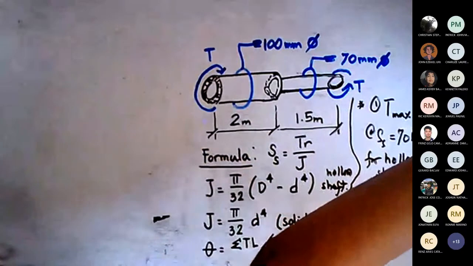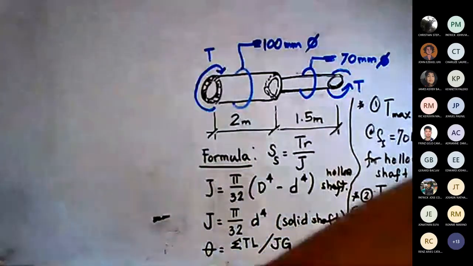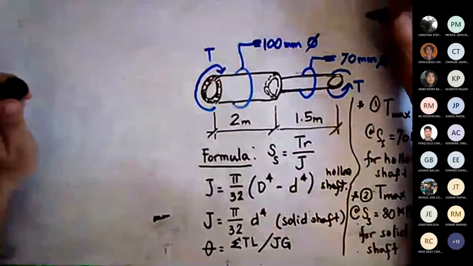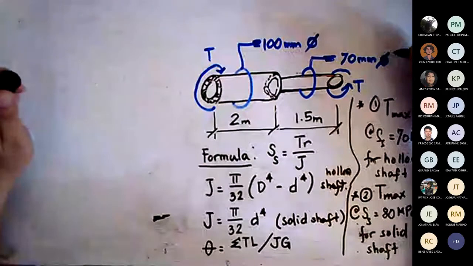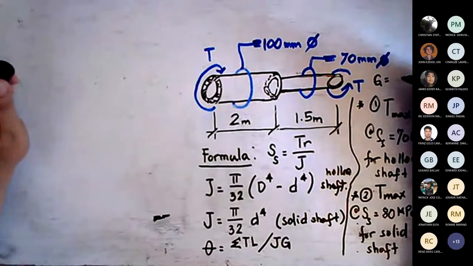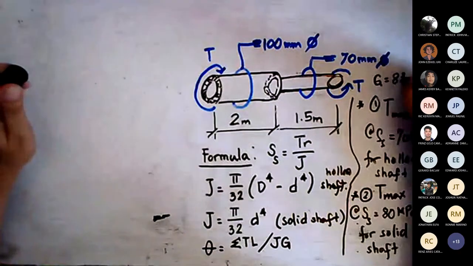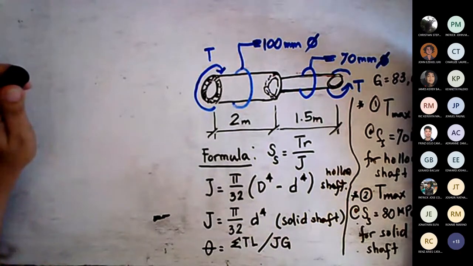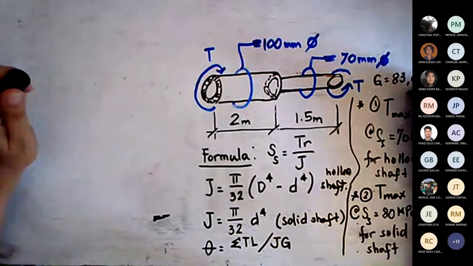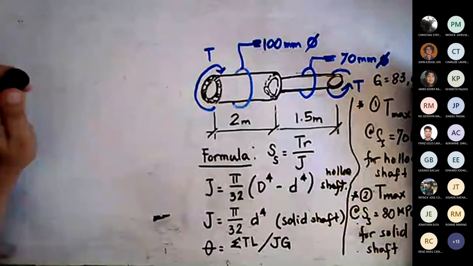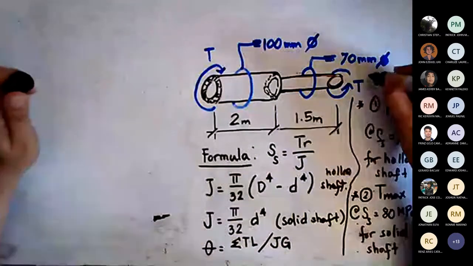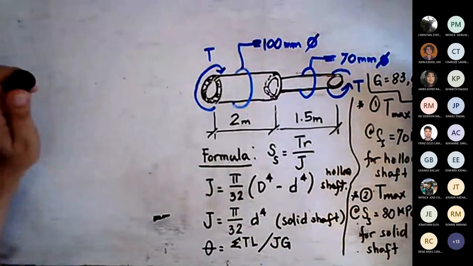So let us identify na rin kung ano yung shear modulus. So ang shear modulus natin dito, G is 83,000 megapascal. That is the given value for G.